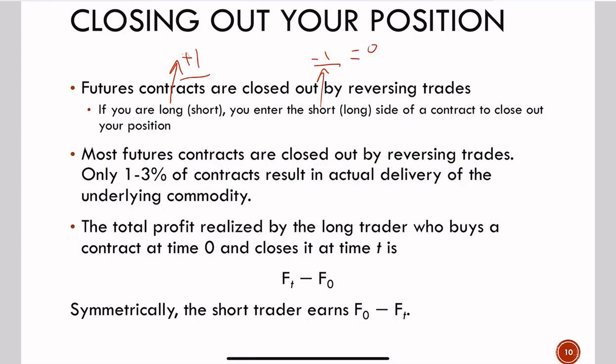So in the end, your net position is 0. In reality, most futures contracts are closed out by reverse trade, and only 1 to 3% of contracts will actually result in delivery of the underlying assets.